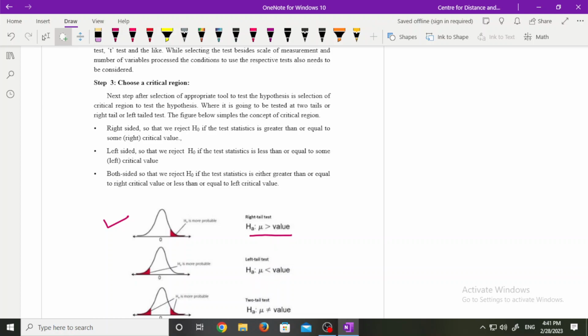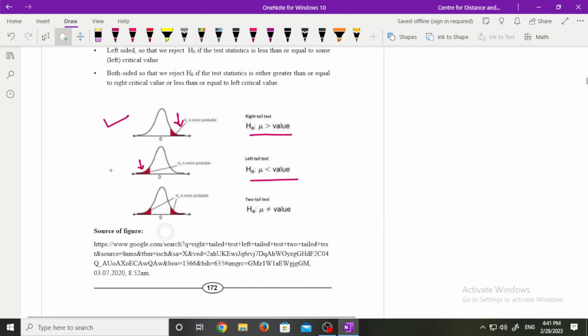Then in the left tail test, we have a portion on the left side like this, and in the right tail test there is a portion on the right side. In the two tail test, there is a portion on both sides, that is in the RHS and also in the LHS. The first one is our right tail, the second one is left tail, and the third one is our two tail test.